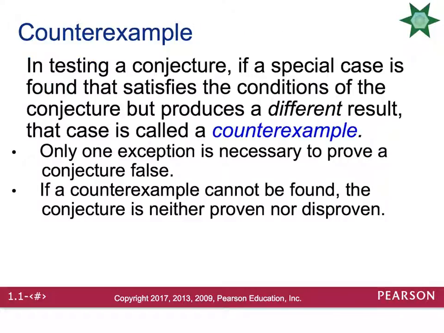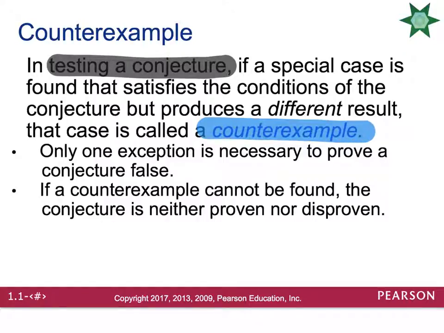Okay, when we test a hypothesis or conjecture, if we find a special case that satisfies the conditions of the conjecture but produces a different result, in other words, it gives us a result that we weren't expecting, we call that a counterexample. Okay, and we only have to find one of these to disprove our conjecture.